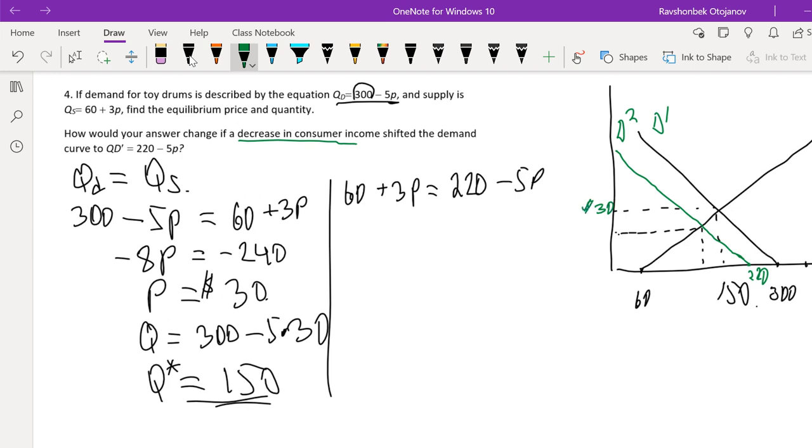Right, collecting the unknowns, so that's 8p equals, taking away 60 from both sides of the equation, we now have 160 here, and p would then be 20.